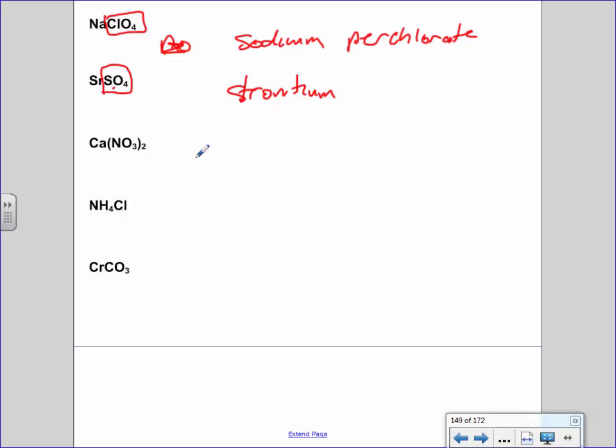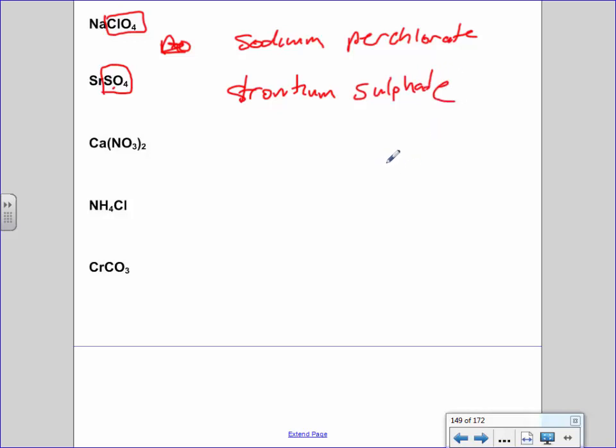SO4 is in the 3rd column over, 5th one down. Again, I'm sorry it's blurry. Can you guys find that? 3rd column over, 5th one down, SO4. It is called a sulfate. You guys find that? Okay. So if you can recognize that SO4 is a sulfate, you just call it strontium sulfate.